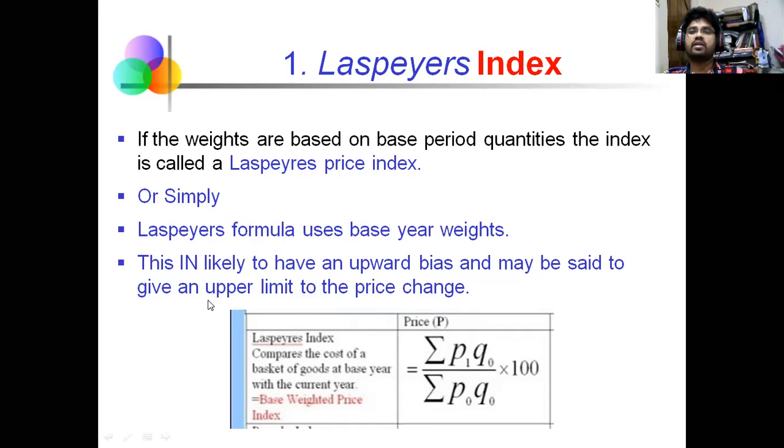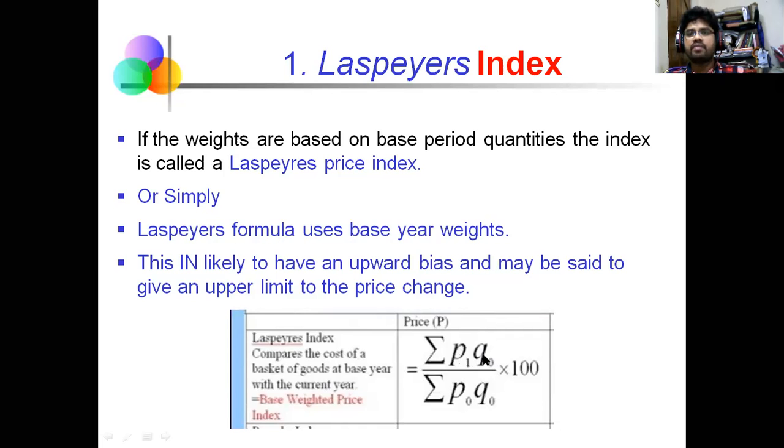So the Laspeyer price index formula, LP01, is the sum of P1 into Q0 divided by the sum of P0 into Q0, into 100. Have you got the point?